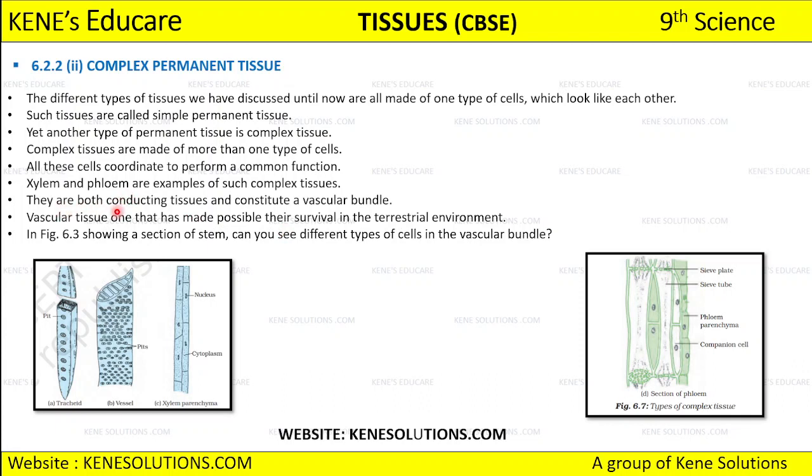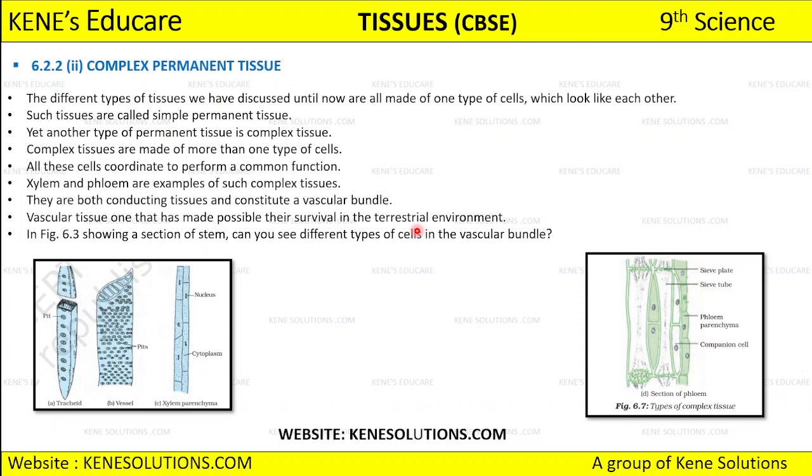And vascular tissue is the one that has made possible survival in the terrestrial environment. It has made it possible for the xylem and phloem, these vascular tissues, to survive in the terrestrial environment as well.